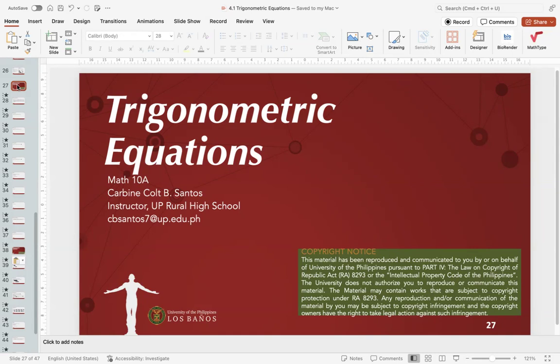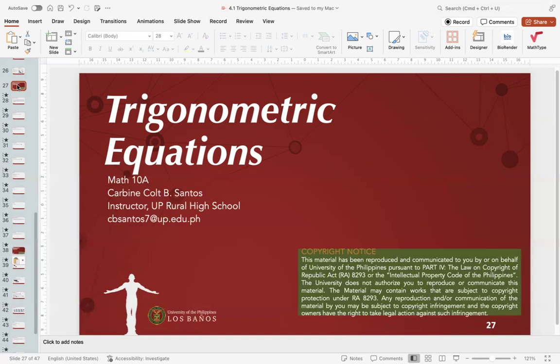So if we have more than one trigonometric function involved, or if we have different arguments involved, then we make use of trigonometric identities in order for us to express our equation as much as possible to a single trigonometric function.